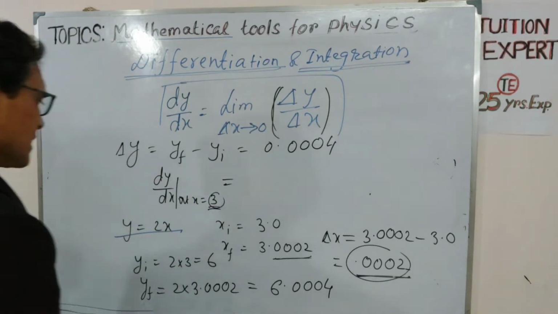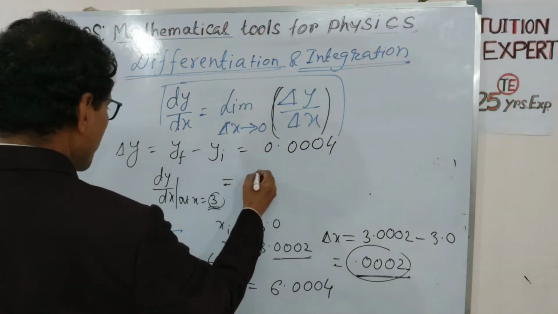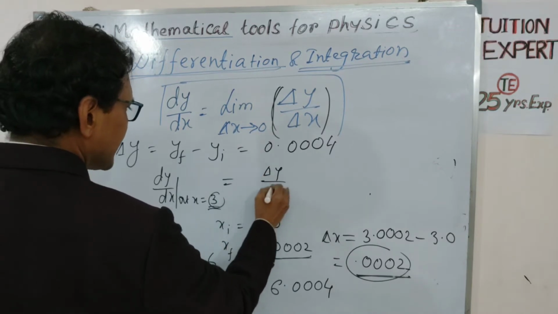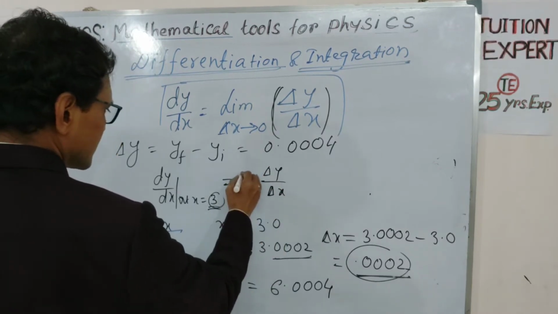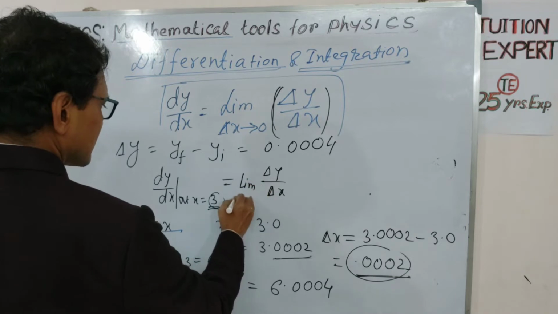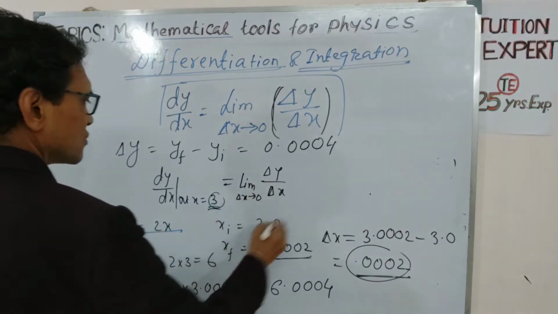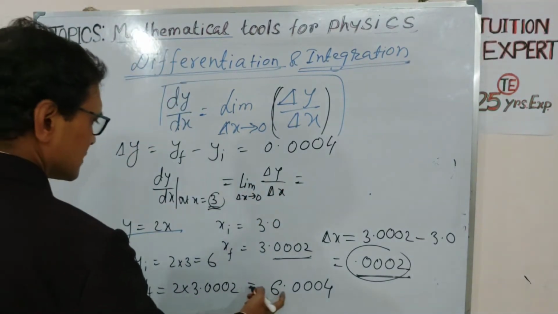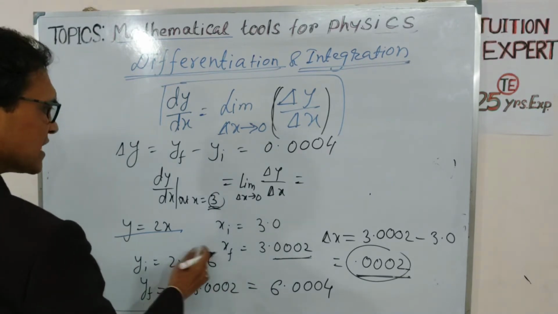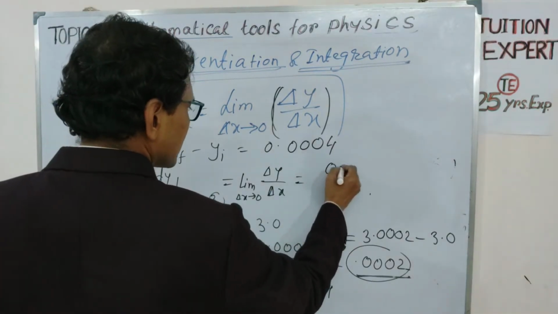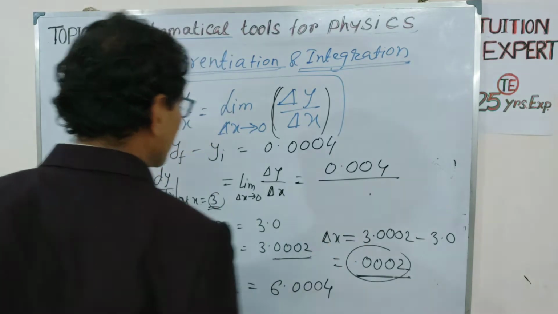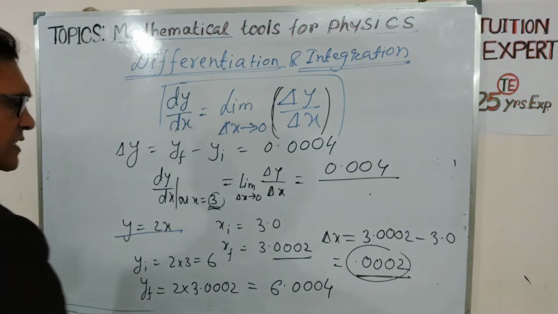Now this becomes del y by del x. So del y means this minus this, final minus initial, divided by del x. What is del x? Del x means this.